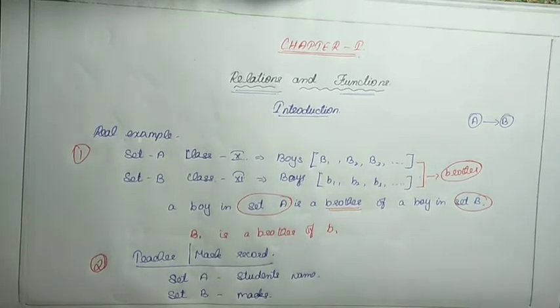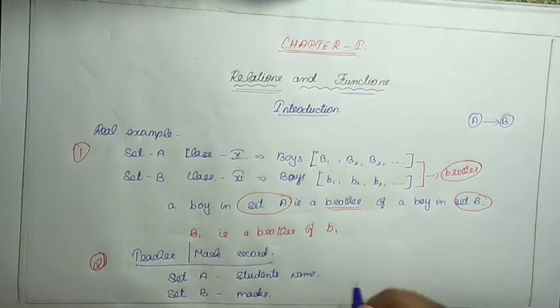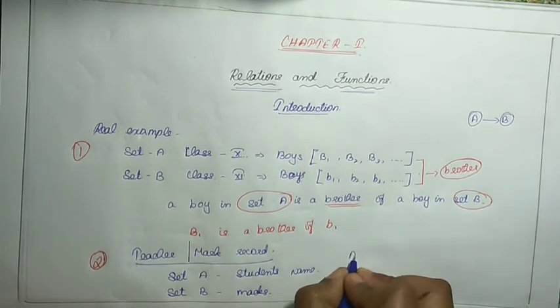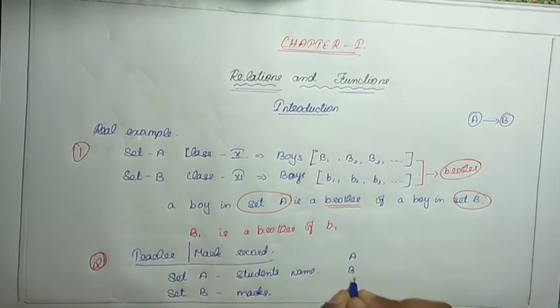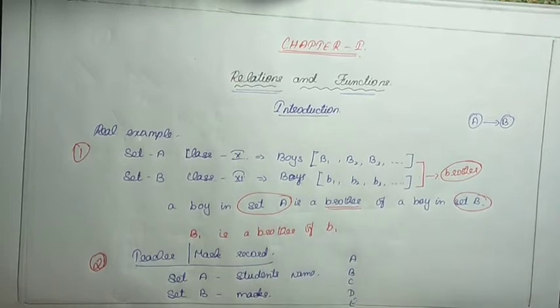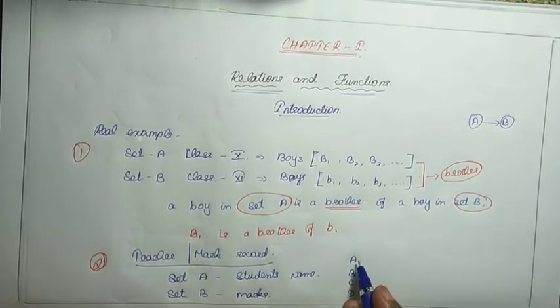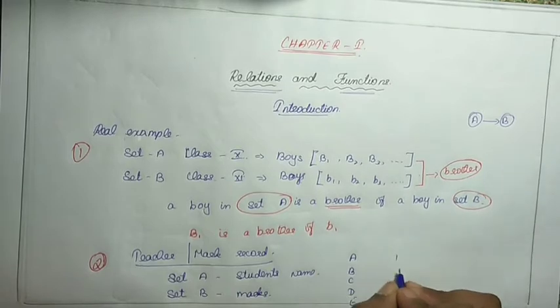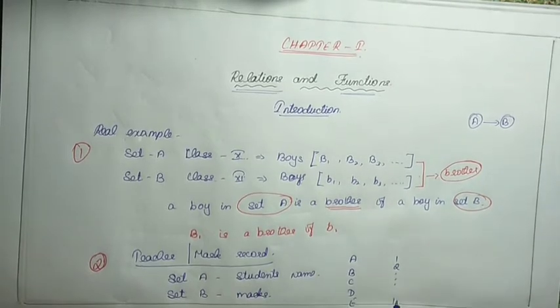Just a 10 marks test she is keeping. So set A is considered as their names, say A, B, C, D, E. Don't confuse these with variables, since I need not mention any names, I'm just mentioning A, B, C, D, and the marks obtained are 1, 2 up to 10.